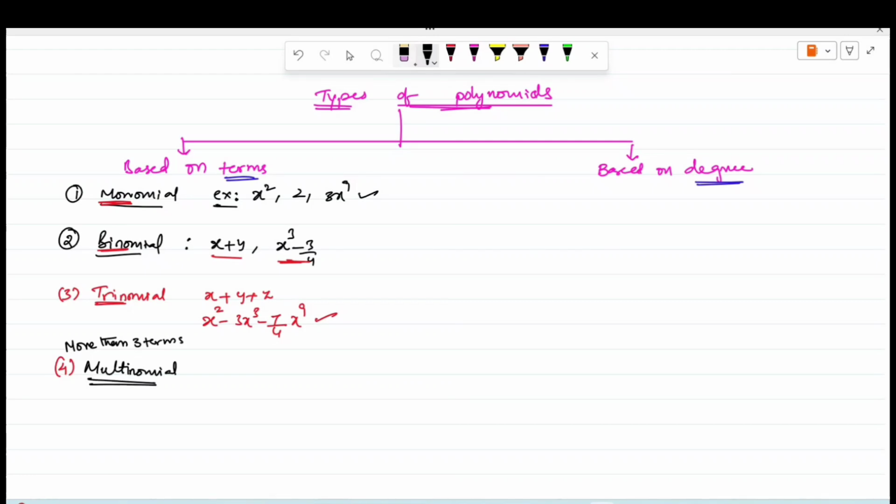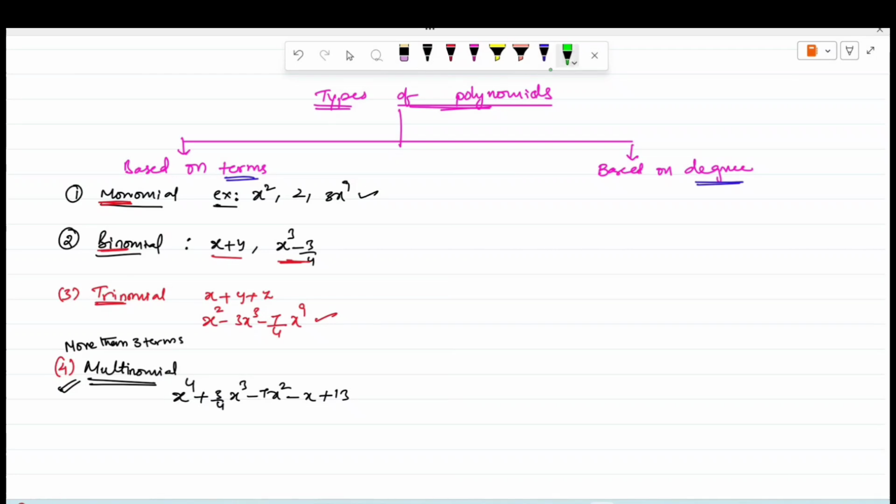An example is anything which contains a minimum of four terms. Example: x power 4 plus 3 by 4 into x cube plus or minus 7x square minus x plus some 13. It contains more than three terms, so definitely it is called multinomial. If it is five terms or six terms also, we can call it the same.